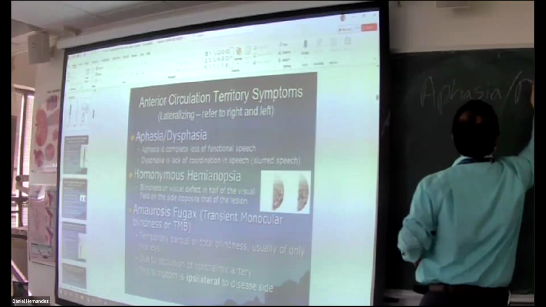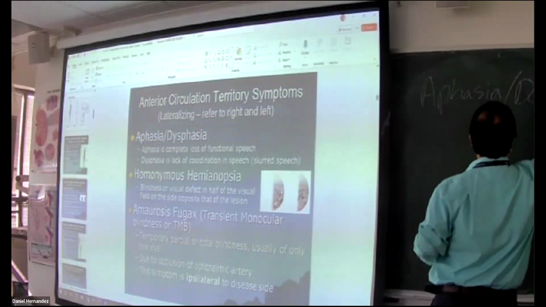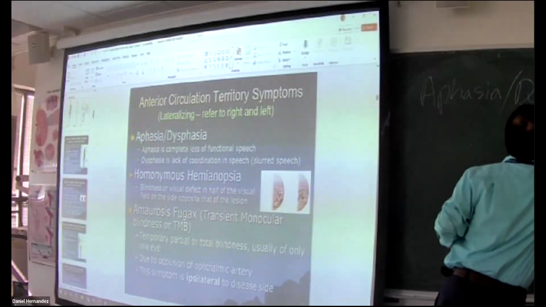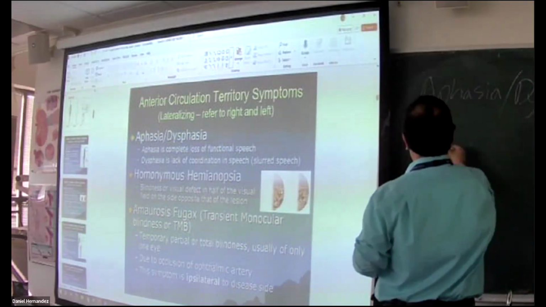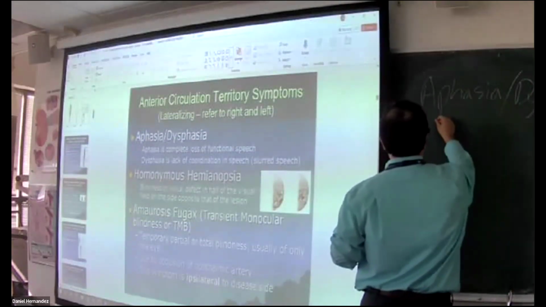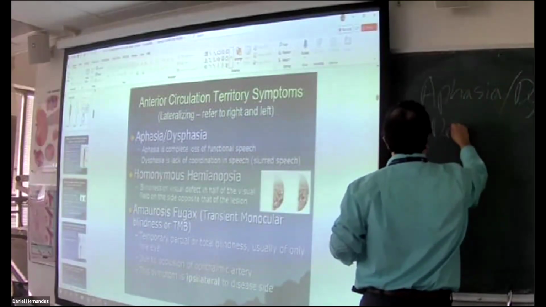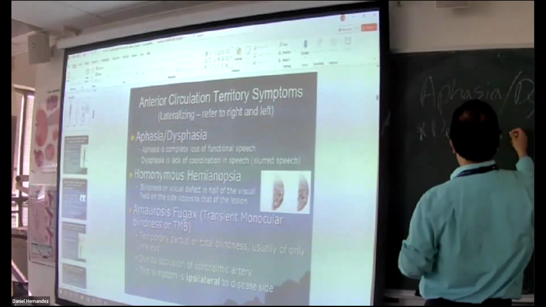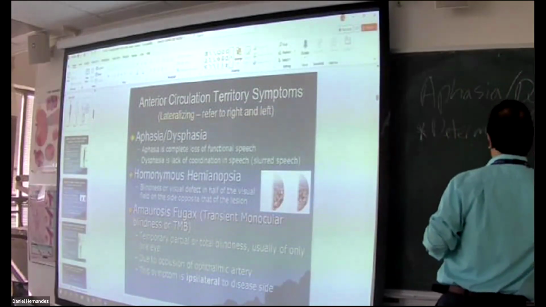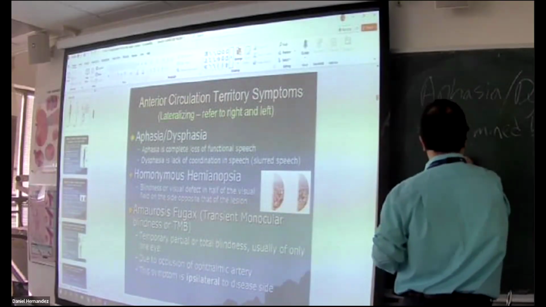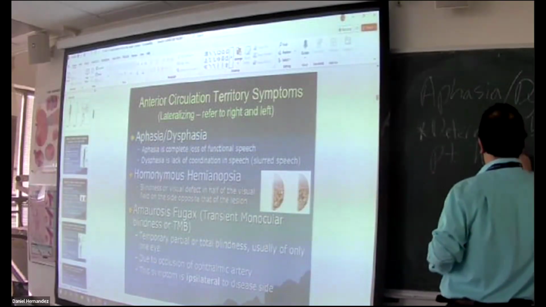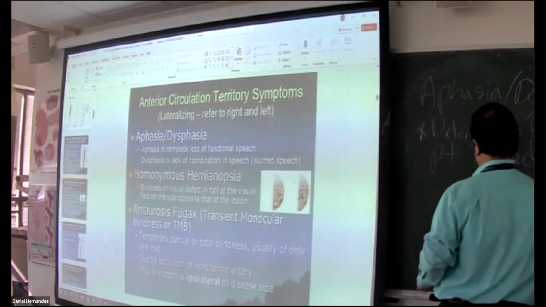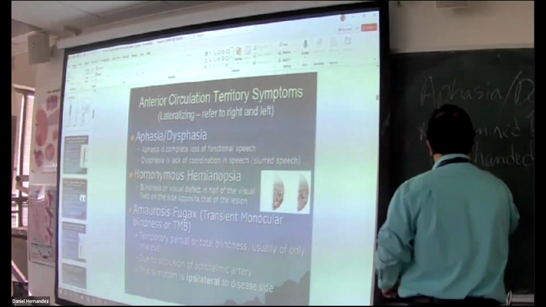Aphasia, dysphagia, determined by patient handedness. Not even word handedness. Right-handed.